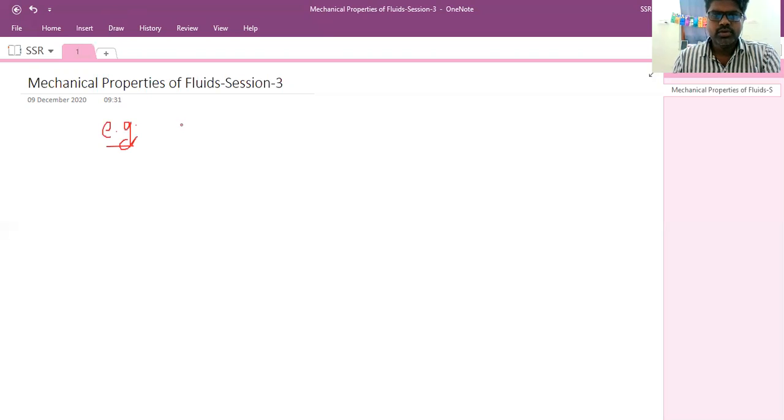We are talking about variation of pressure with the depth. That we already understood. P is equal to P naught plus rho gh.